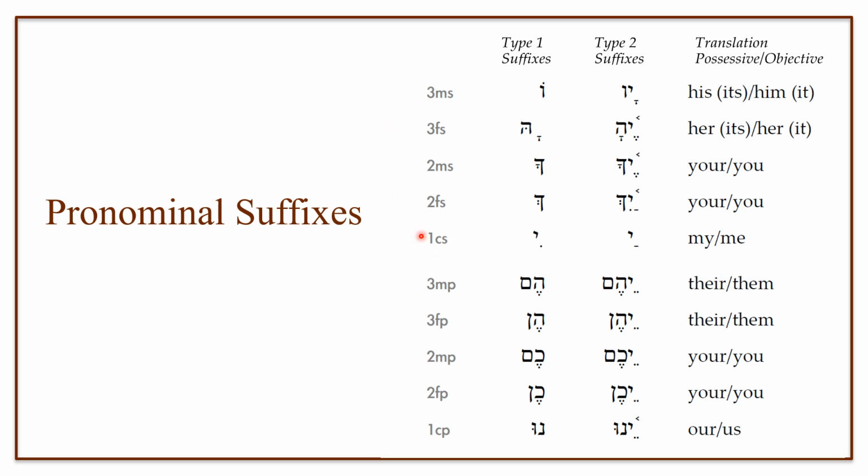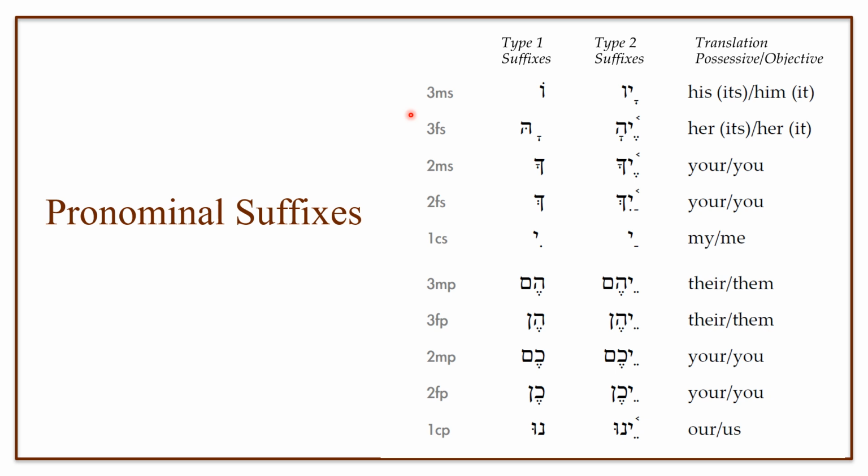So the singular ones are up here, plural ones are down here. These are the ones that would be like our, your, their, or us, you, them. Up here would be my or me, you or your, and his, him, her, or it, and sometimes its. So that's what we're looking at.